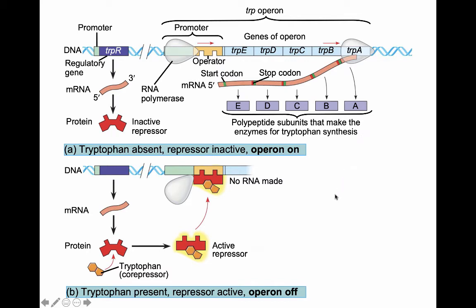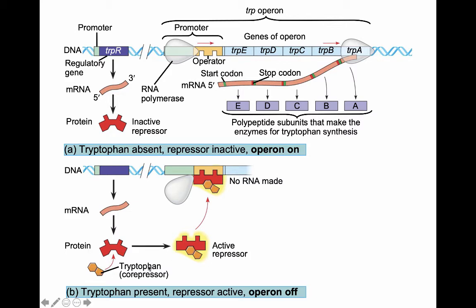So when would the cell switch off those genes? When would it stop making the proteins needed for synthesizing tryptophan? Well, if there was lots of tryptophan in the cell, it would want to switch off these genes so that it doesn't make extra of these proteins. And it's tryptophan itself that is the switch.